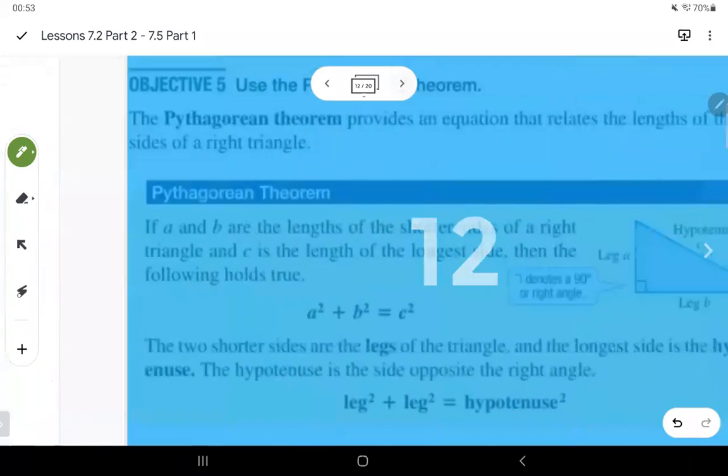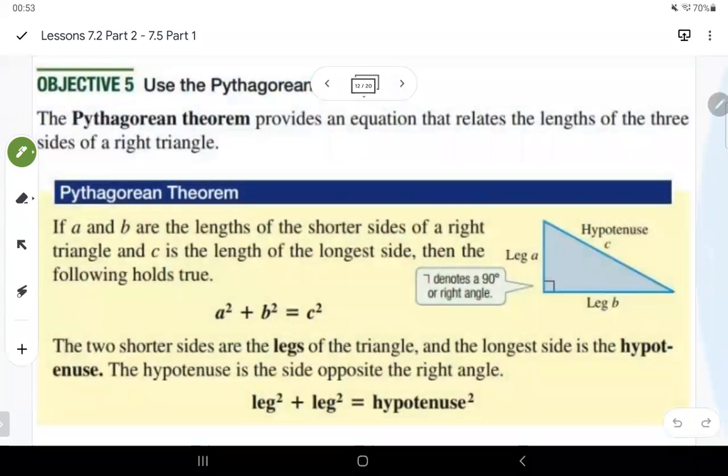Okay. All right. So last objective for this lesson is Pythagorean theorem. You will only have to deal with right triangles. Your class does not do any other triangle missing lengths. So you would need to do trig for that, and we are not there.